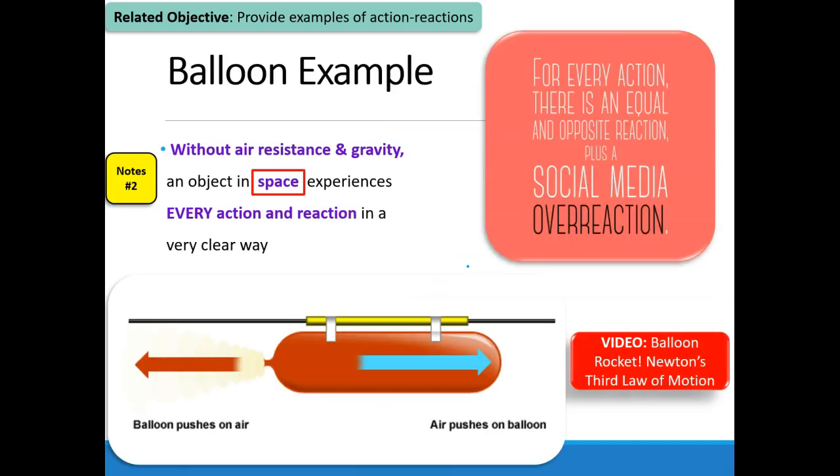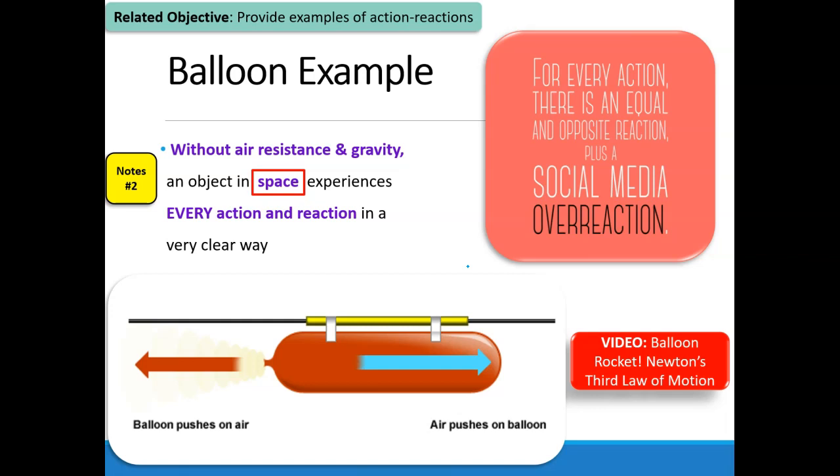Okay, so let's go ahead and talk about an example with a balloon. So keep in mind that without air resistance and gravity, like in space, an object in space experiences every action and reaction in a very clear way. Since there's nothing to stop you from seeing every action and reaction in outer space, it's really, really obvious. Now, the problem is that on Earth, we do have things that are subtly affecting how our world works.